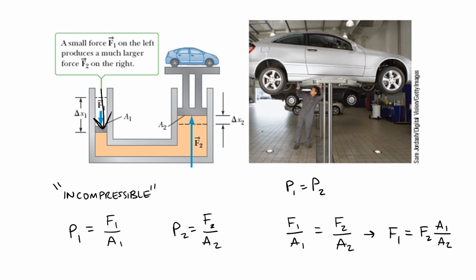So, applying a force downward, you guys gotta just believe me, I can't put a mass on this. Pushing this down on this side is a lot easier to do, and it is lifting this side with a greater amount of force. As soon as we do that A1 over A2 ratio, we will get some sort of lift. That's how we're able to lift things with this type of hydraulic press.